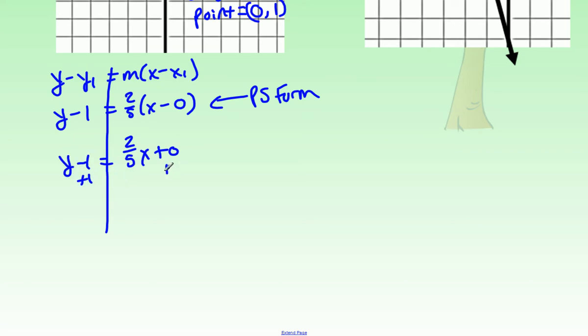Add 1, y equals 2/5 x plus 1. There is my slope intercept form.